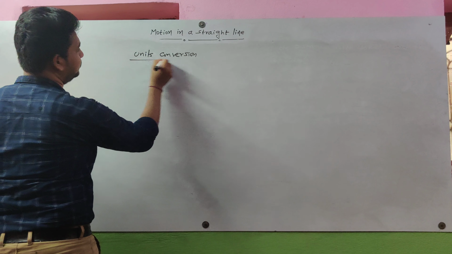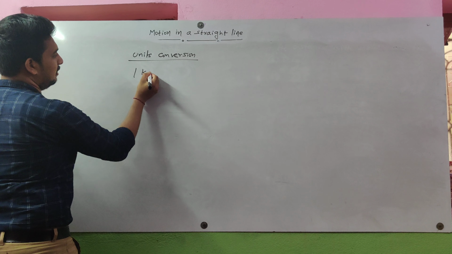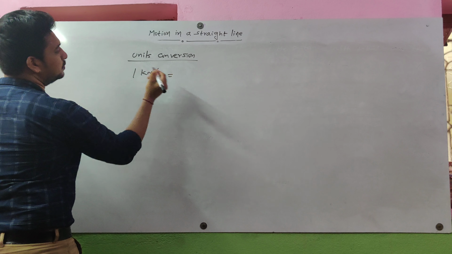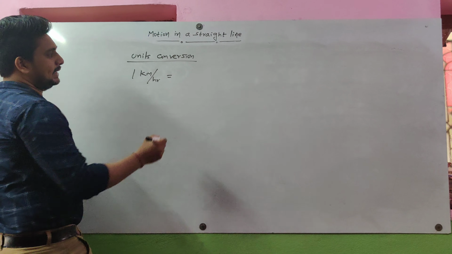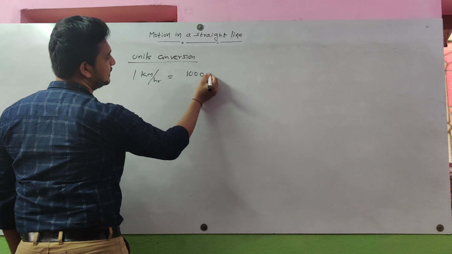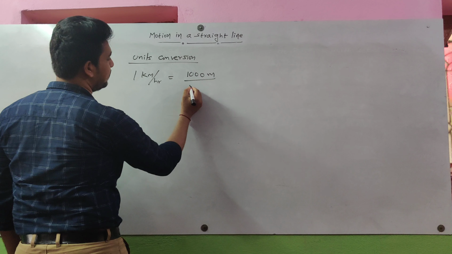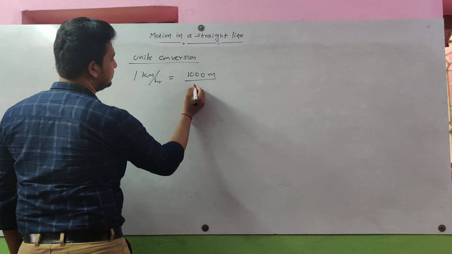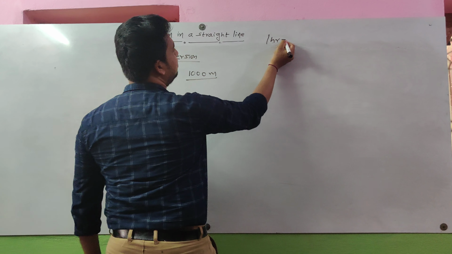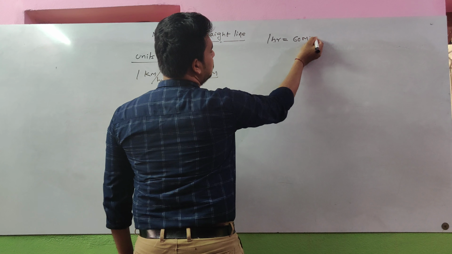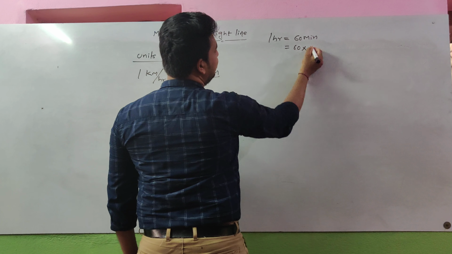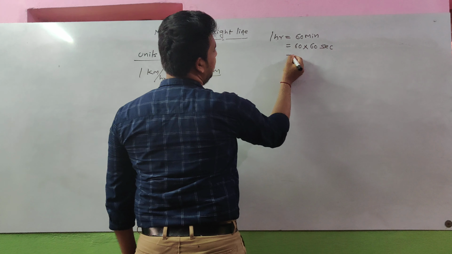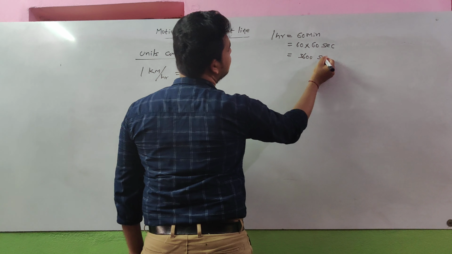How do we convert? 1 kilometer per hour: 1 kilometer is equal to 1000 meters, by 1 hour, which means 60 minutes. 1 minute means 60 seconds, so 60 into 60, a total of 3600 seconds.